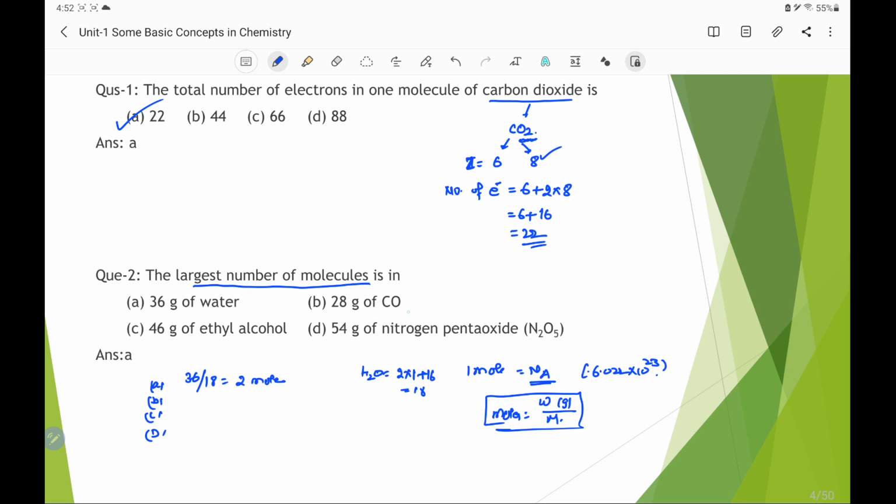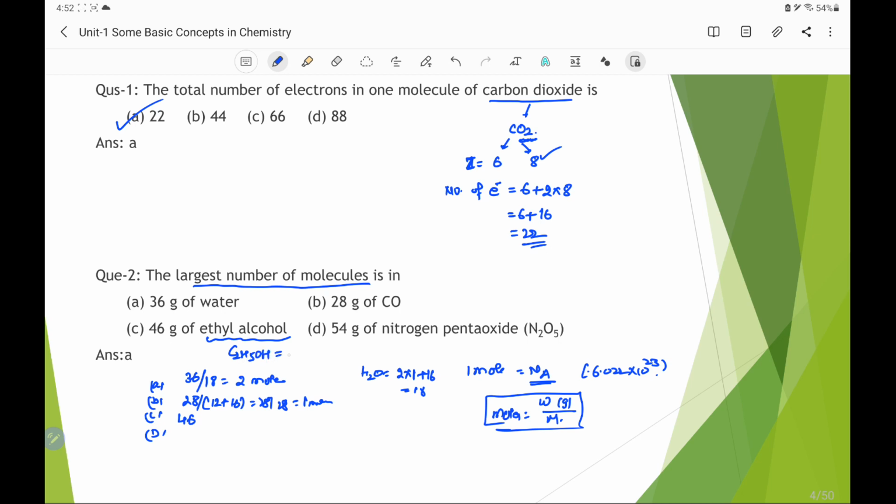Similarly, 28 gram of carbon monoxide, so 28 divided by the molecular weight. The atomic weight of carbon is 12 and oxygen is 16, so it is 28 by 28, that is equal to 1 mole. Similarly, 46 gram of ethyl alcohol, C2H5OH.